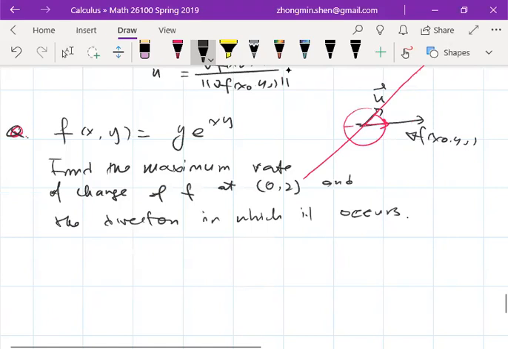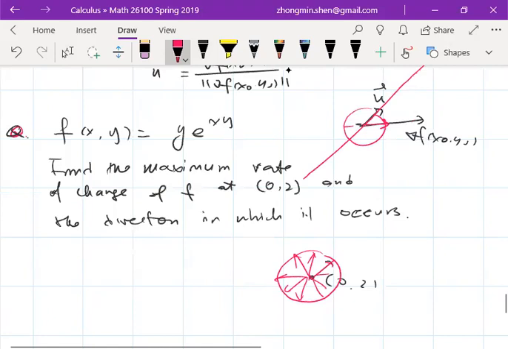Clear? So this is the point (0, 2). You have a unit circle of all the directions. You find the directional derivative, then you want to know in which direction it has maximum value. And what is the maximum value?